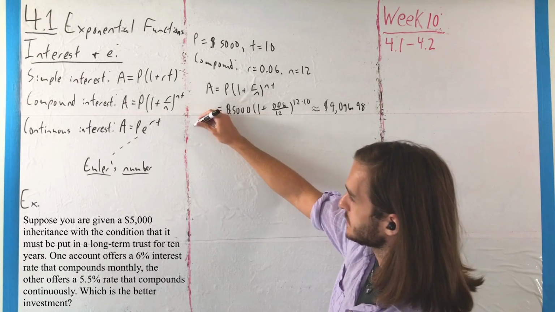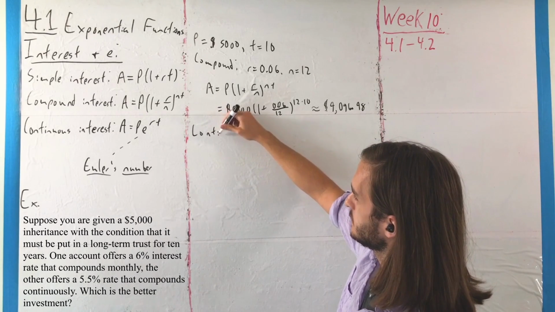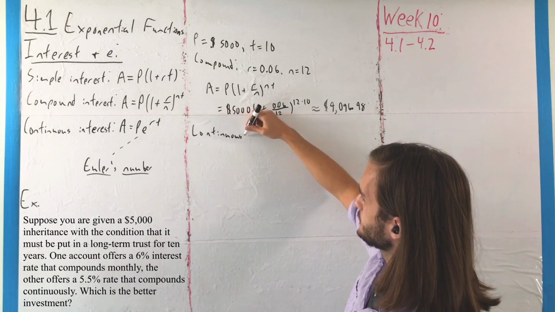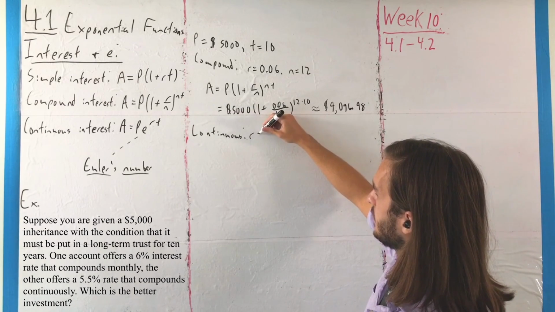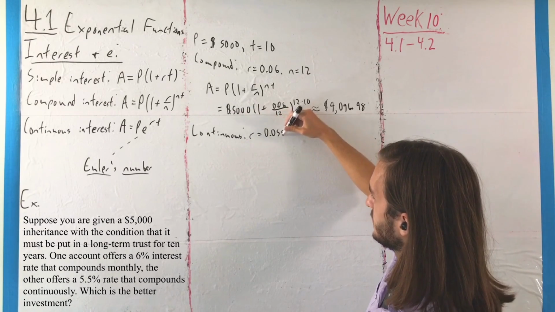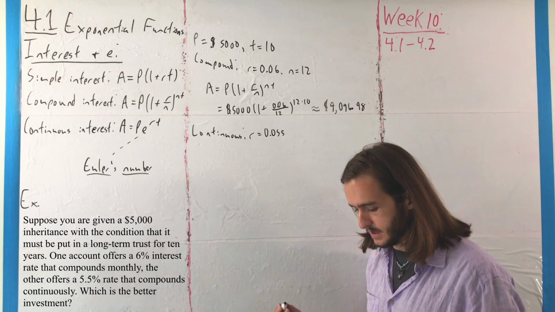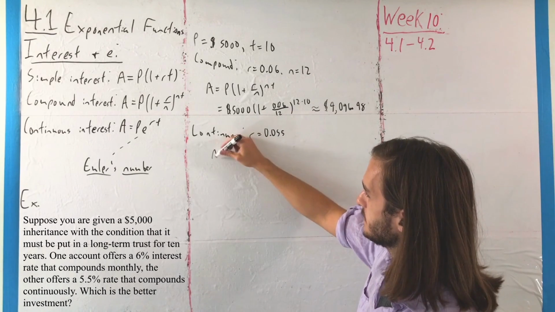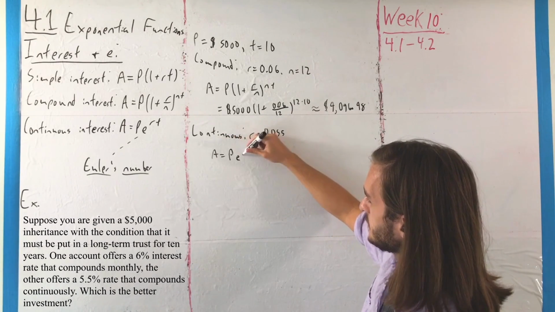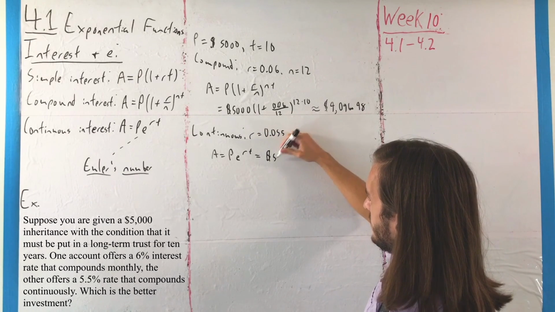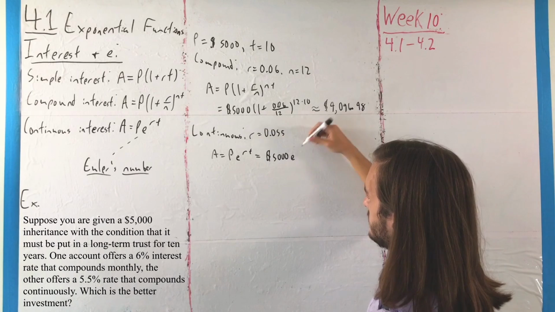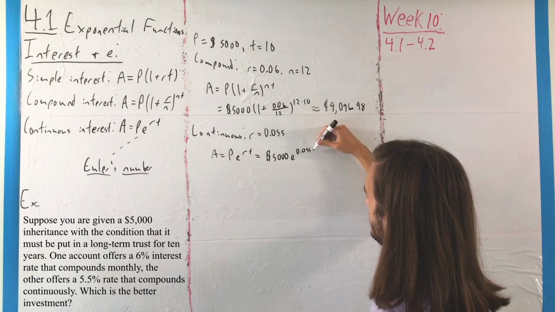Meanwhile, for the continuously compounding account, all we have to deal with is the interest rate, r equals 0.055, and for that, we're going to get that A equals P e to the rt, which will be 5,000 times e raised to the 0.055 times 10.